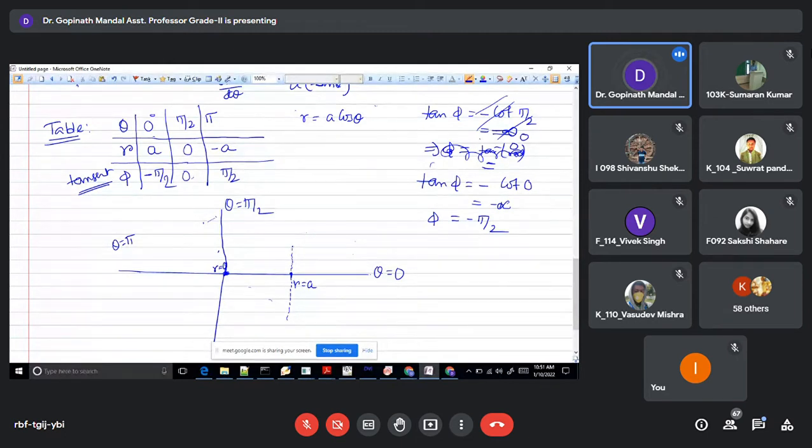At theta equal to 0, the tangent angle is minus pi by 2, and r equal to a.